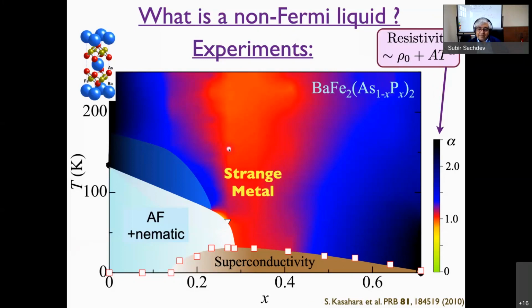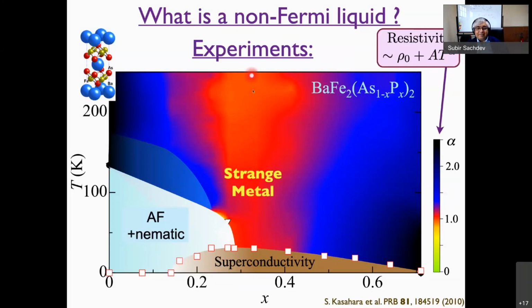Furthermore, my attention will focus on what's more precisely called the strange metal, where this linear T resistance goes down to very low temperatures, much lower than any characteristic energy scale in the microscopic Hamiltonian.